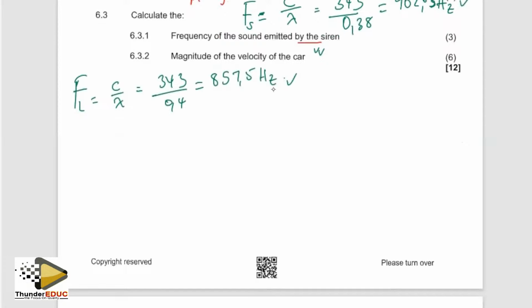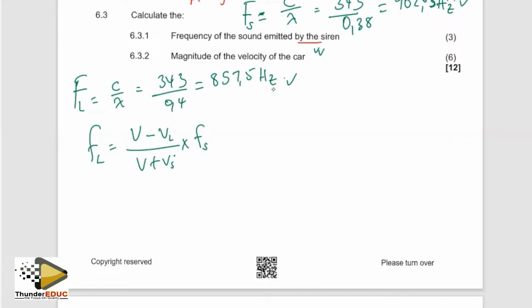Now, from the Doppler formula, since it's moving away, it's going to be V minus over V plus Vs multiplied by Fs. I hope that is the right formula. Then we're looking for the velocity of the source. So let me do the substitution.